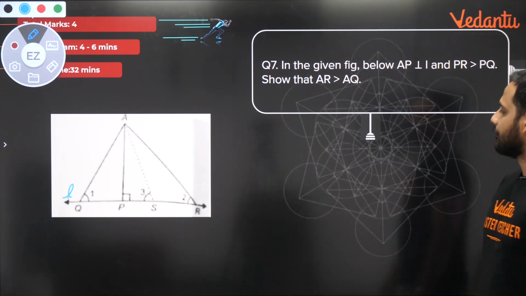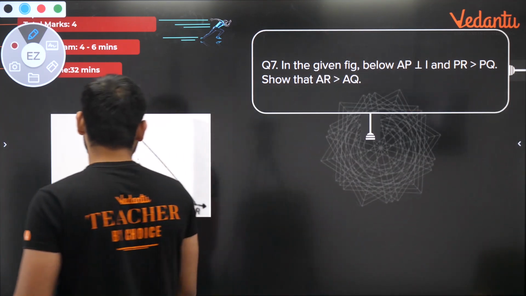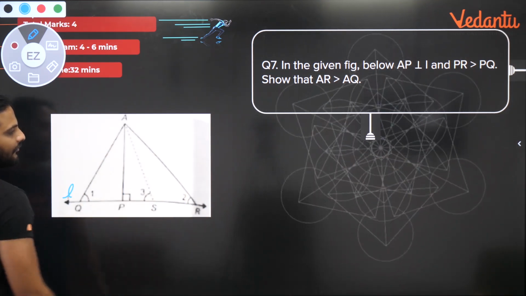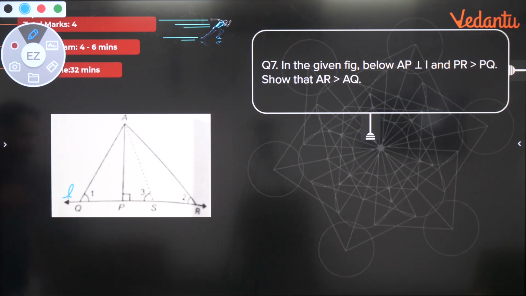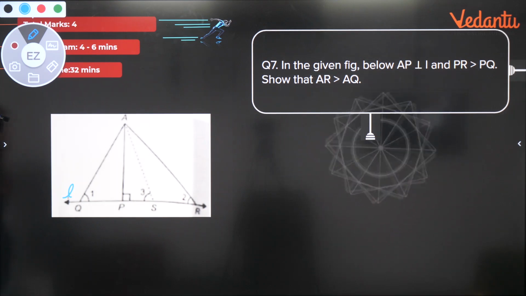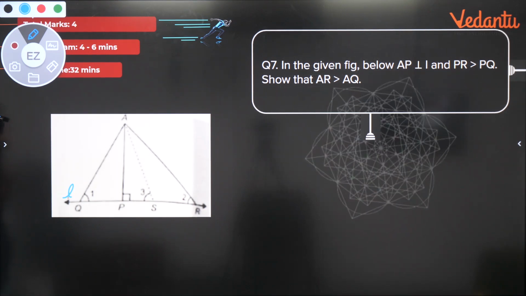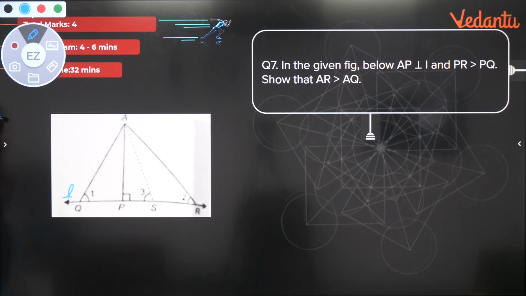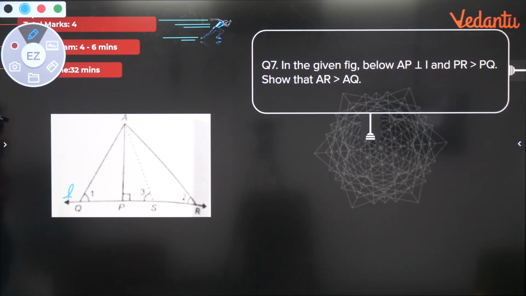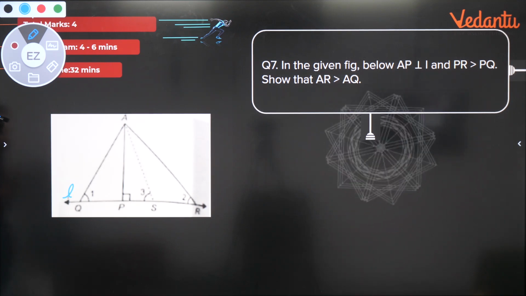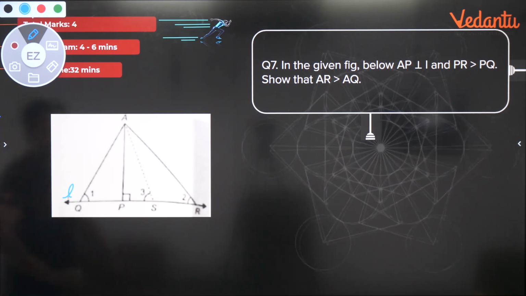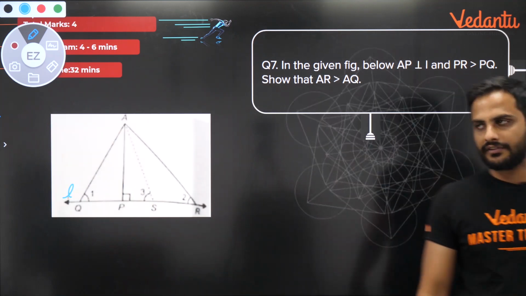What I will do, from A, I will draw a line AS, where AS is equal to AQ such that point S lies on PR. Understood what I'm trying to tell you here? We need to do this construction.